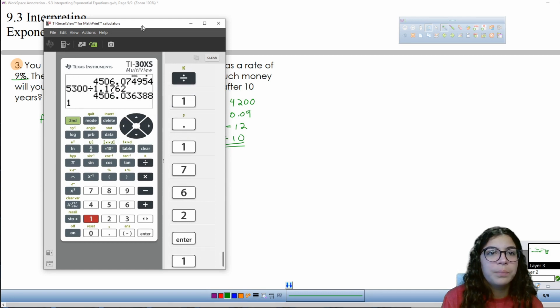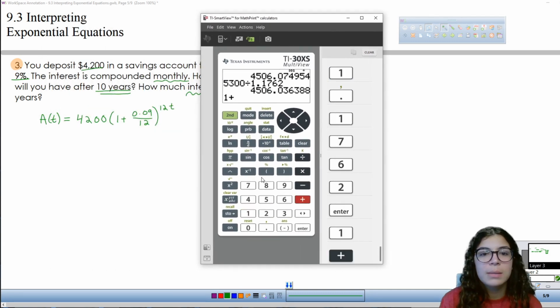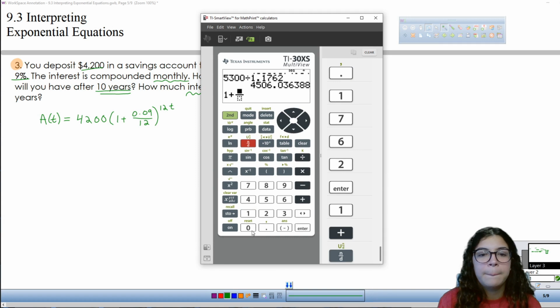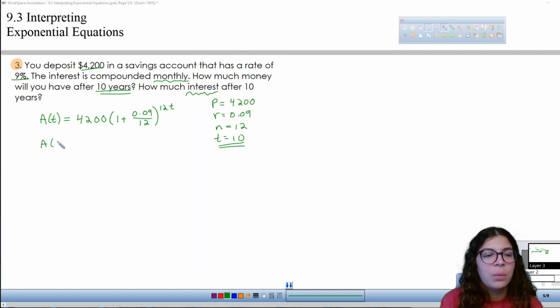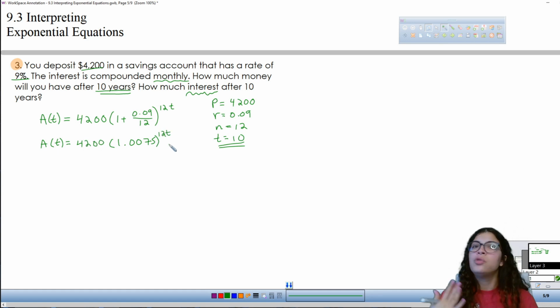So 1 plus 0.09 over 12 is 1.0075. So the equation would be 4,200 times 1.0075 to the power of 12t. And that will be the general function rule for the situation.